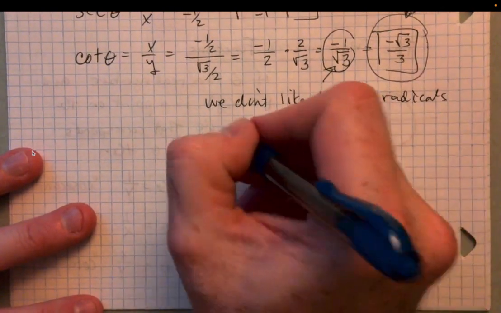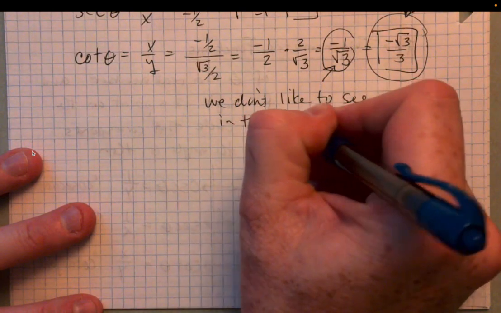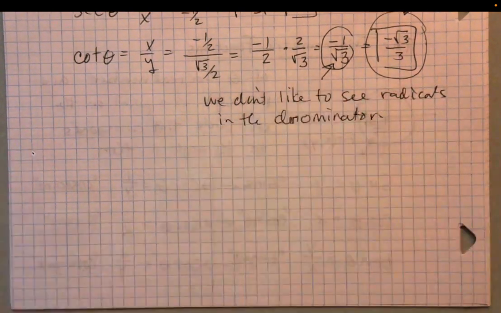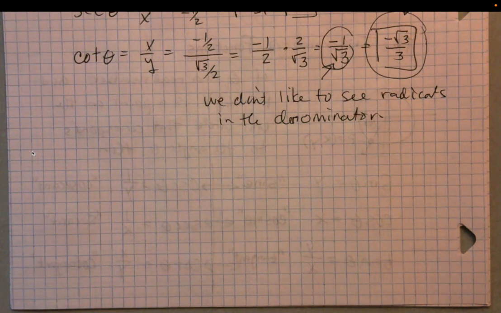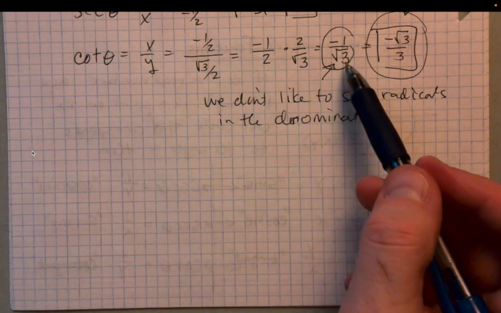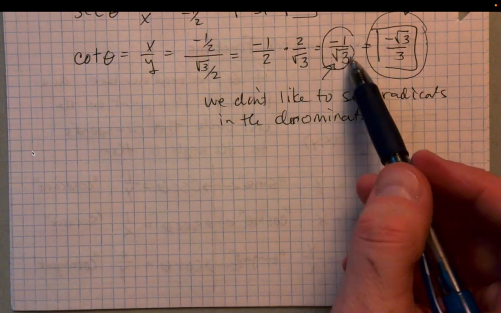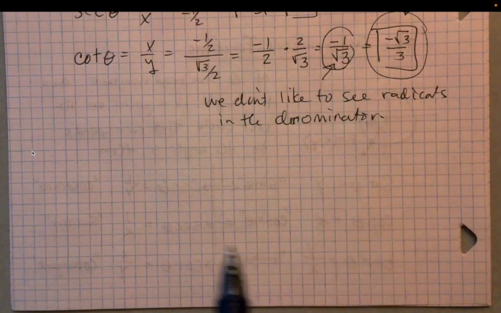That's just a preference. It's kind of like how if a fraction can be obviously reduced, you should reduce it generally. It isn't wrong to write it like this, but it's generally preferred that you write it without the radical in the denominator.